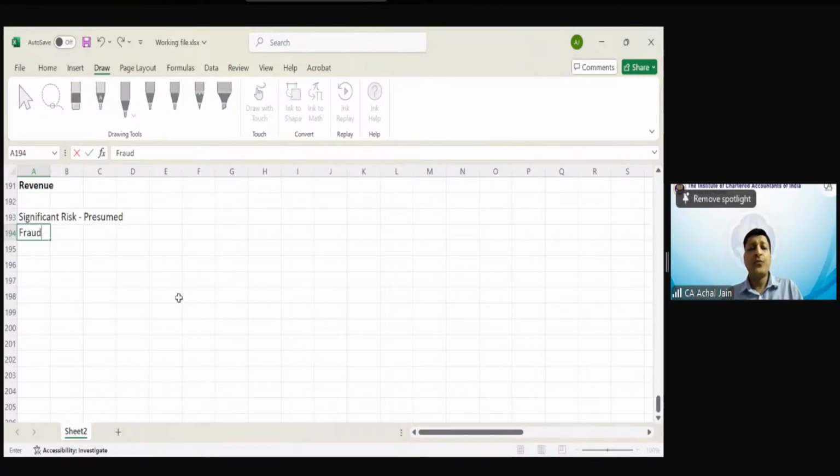Further, there is another type of risk which we evaluate in respect of audit, and that is called fraud risk. Means whether there is a risk of fraud or not. This again is required to be assessed in respect of various areas. But in case of revenue, once again, this fraud risk is presumed.